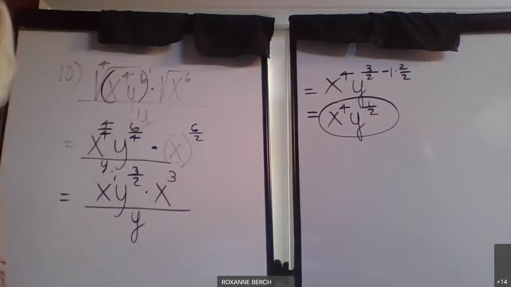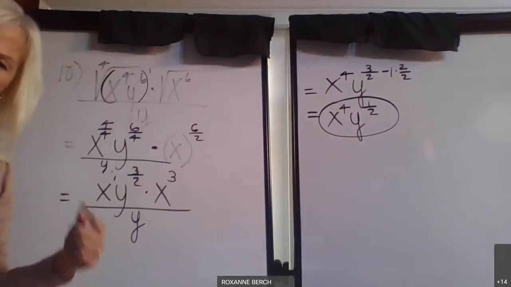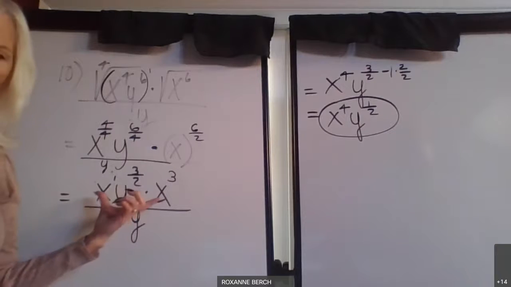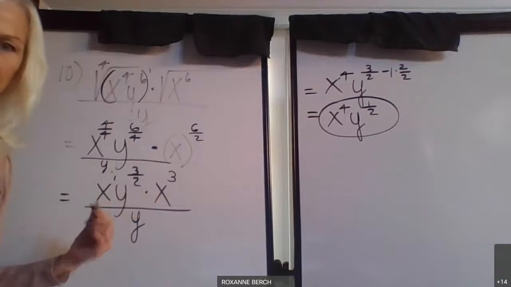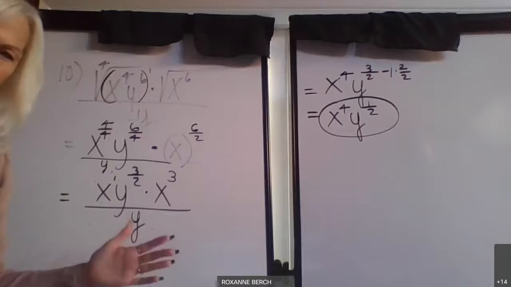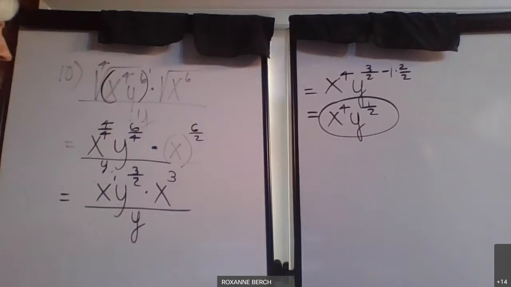But we do want to follow the order of operations. If you notice what I did, I took care of the numerator first, and then I took care of the quotient. So we're doing what we've always done in the past normally, but there isn't one way to do it. Okay, any other questions?